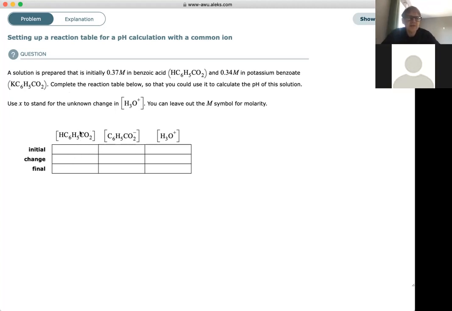And what they're doing is they're taking the acid, then they're having the conjugate base, and then they're having the hydronium. So let's take a look at this one. A little bit awkward, but it's not an easy thing to present in a really streamlined way. So we have 0.37 molar benzoic acid.